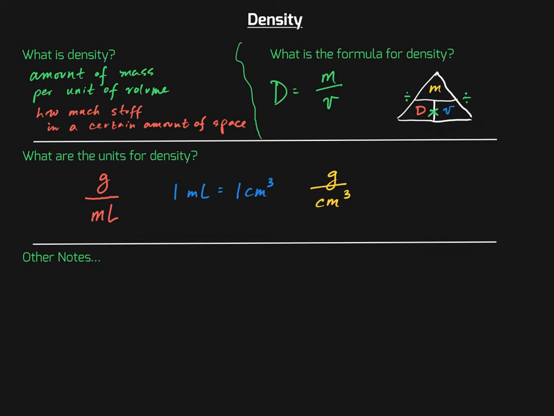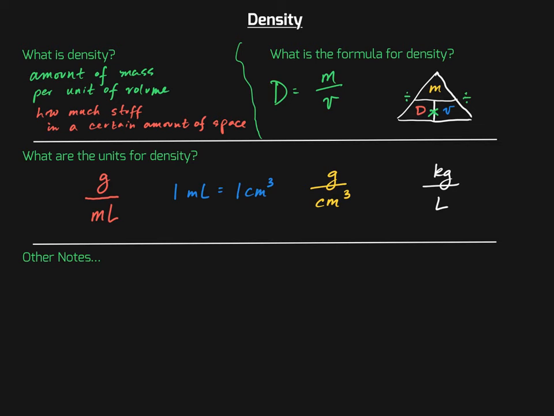In some unique cases, we may see one more additional unit for density, and that would be kilograms per liter. Okay, now this would primarily be used if we were dealing with much larger objects than we're going to be dealing with. Okay, but typically what we're going to be using is grams per milliliter or grams per centimeter cubed.